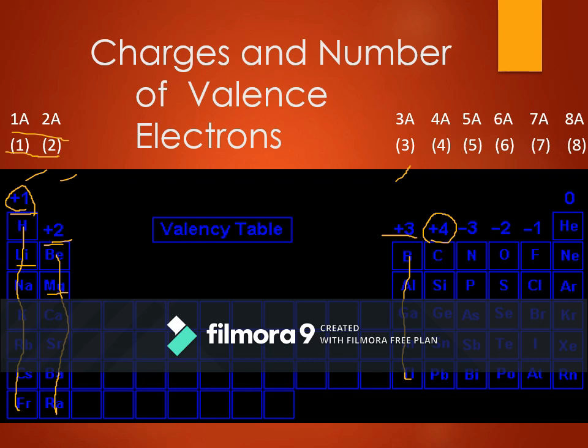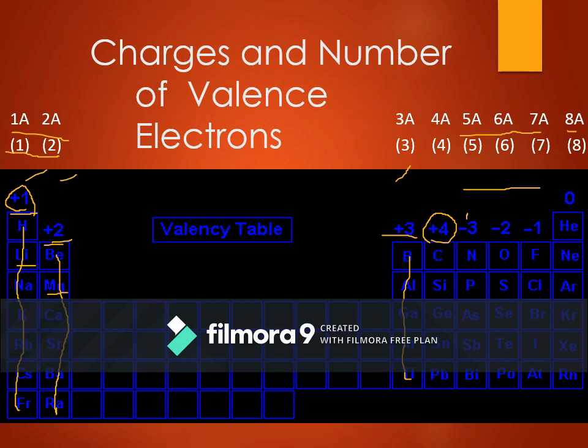The non-metals normally gain electrons, forming negatively charged anions, which have charges that are the group number minus 8.